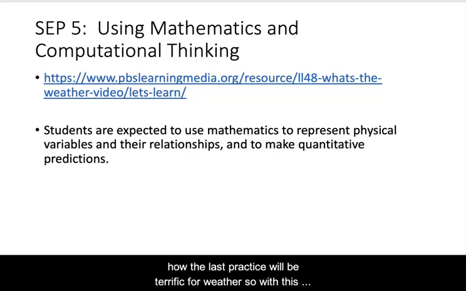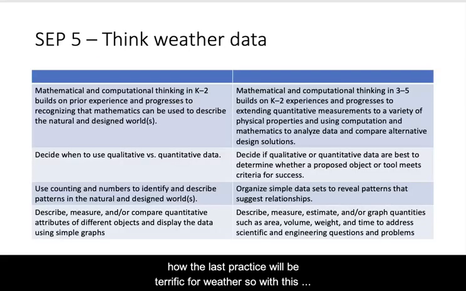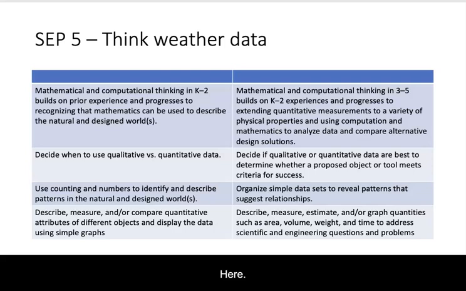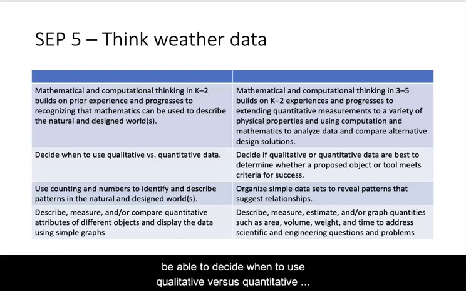Remember how I mentioned how the last science and engineering practice would be terrific for weather? So with this one, I'm a huge proponent of thinking of weather data when I'm thinking about the science and engineering practice. Here in kindergarten through 2nd grade, we want our students to be able to decide when to use qualitative versus quantitative data and use counting and numbers to identify and describe patterns.